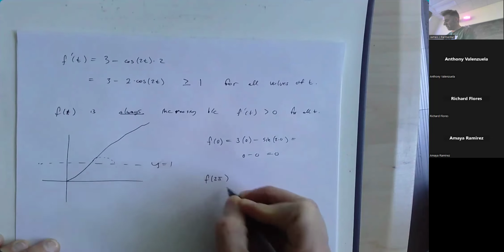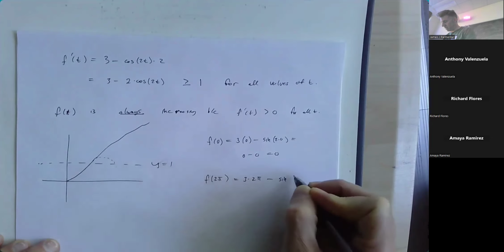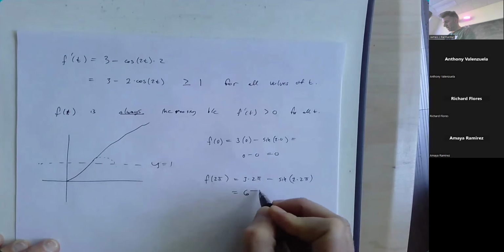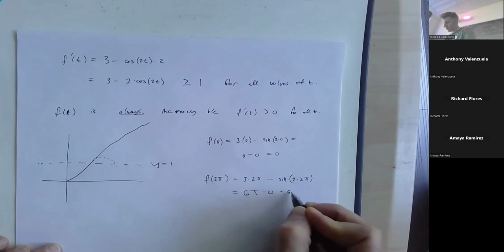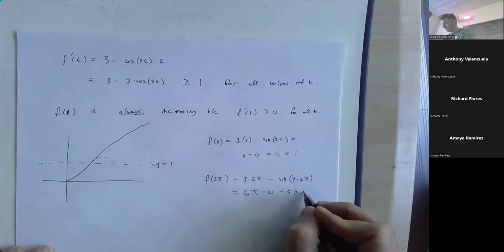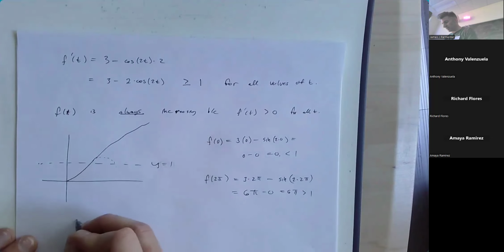That's going to be 3 times 2 pi minus sine of 2 times 2 pi, which is 6 pi minus sine of 4 pi, which is 0. The first number is certainly less than 1. That number is certainly bigger than 1. So between 0 and 2 pi, the function has to attain a value of 1. So exactly one solution.